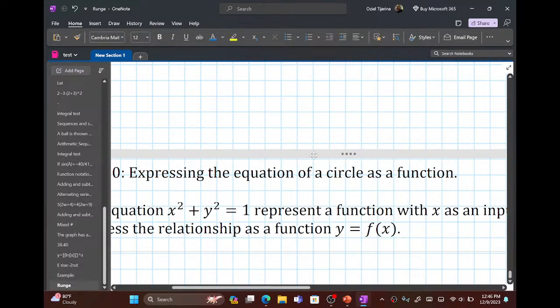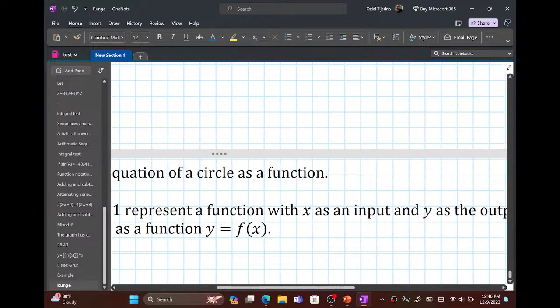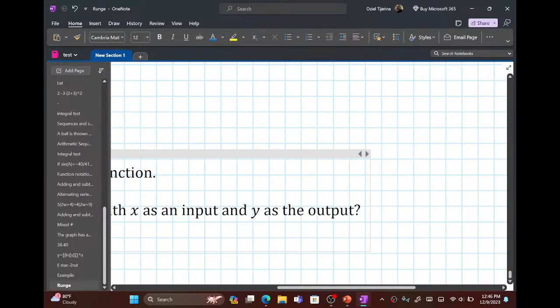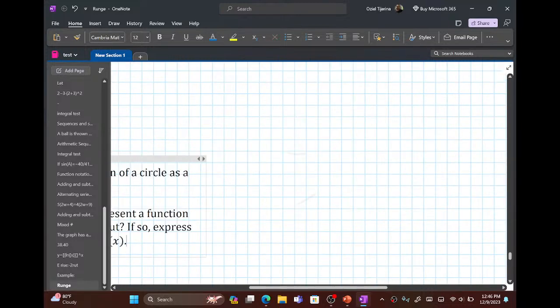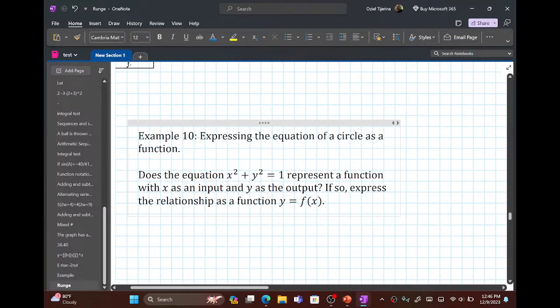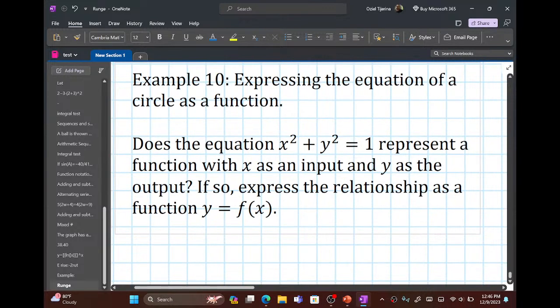Okay. All right. Let me just go ahead and... I always like to squeeze it in because I don't like it when it's very extended like that. Okay.